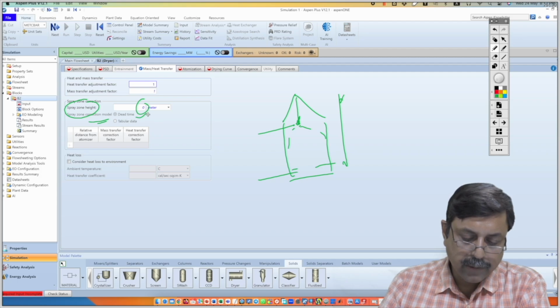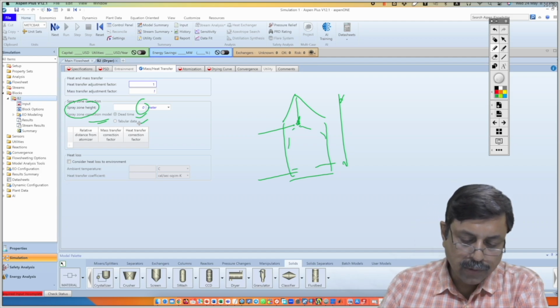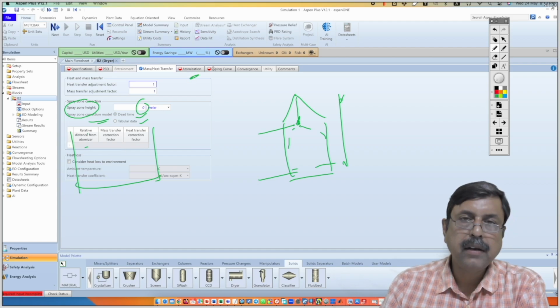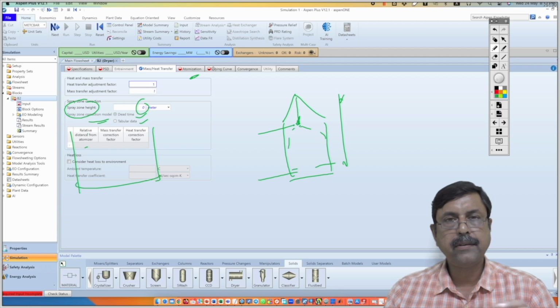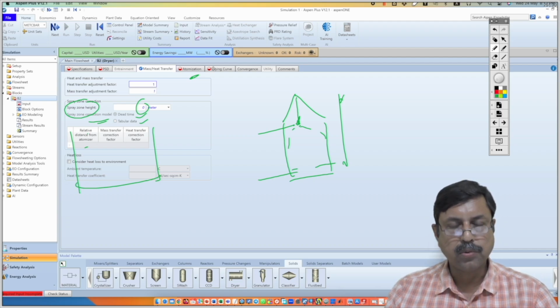There are two models. One is based on dead time, another is based on tabular data. Now, if you choose tabular data, then this option will open. So for every relative distance from the atomizer, I will come to that later. Atomizer means from where the small droplets are forced out.